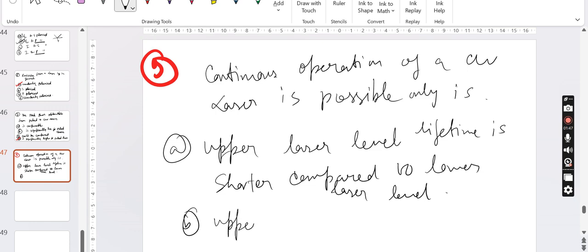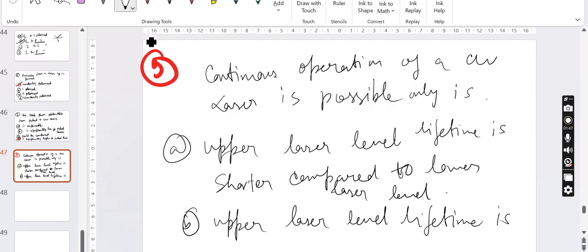B, upper laser level lifetime is longer compared to lower laser level.